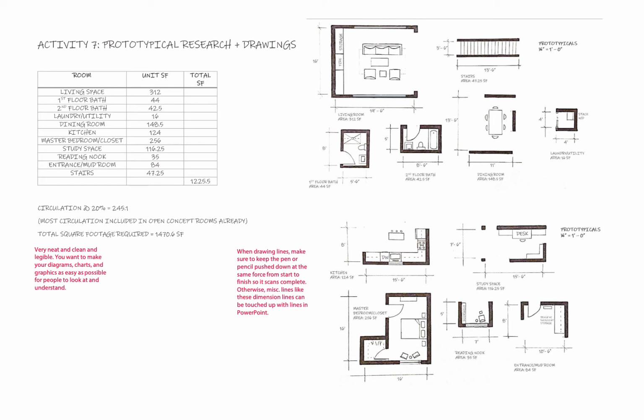And then these prototypicals on the right, these are coming in really, really nicely. My one suggestion, just like I said previously, there are areas where those dark lines aren't as solid.